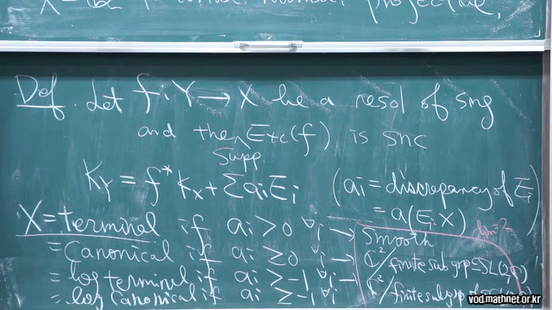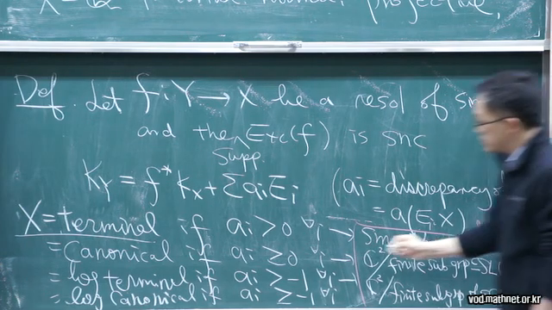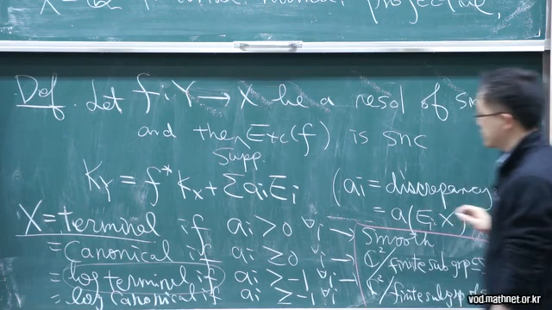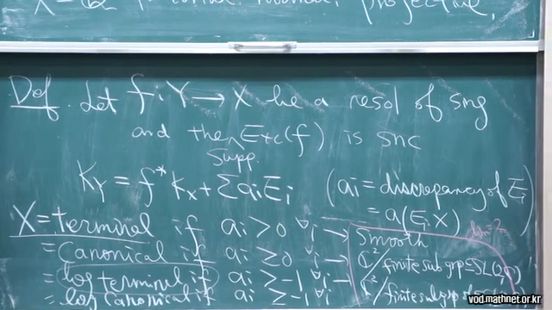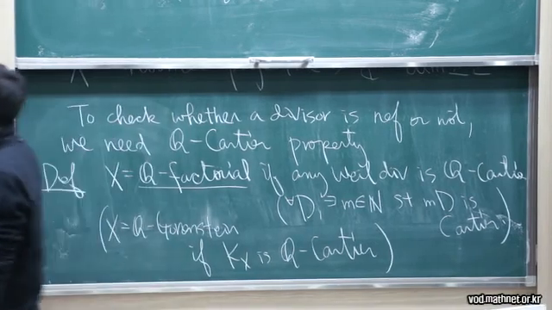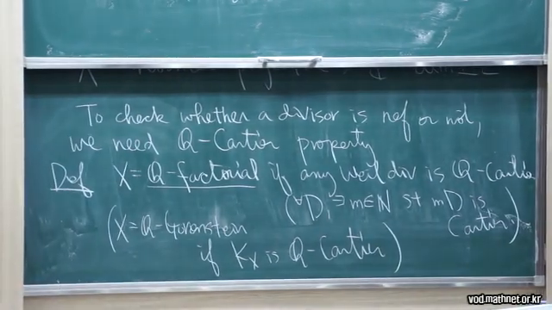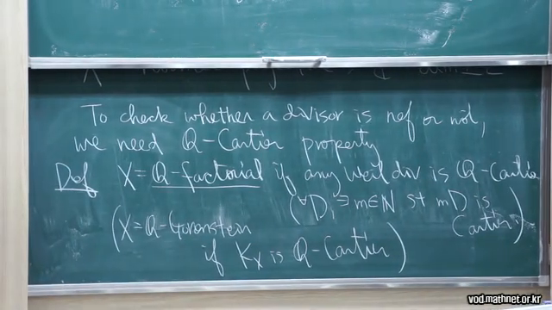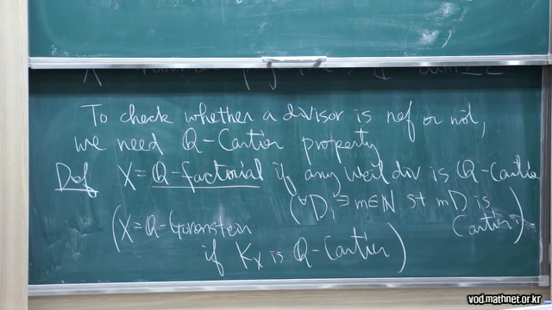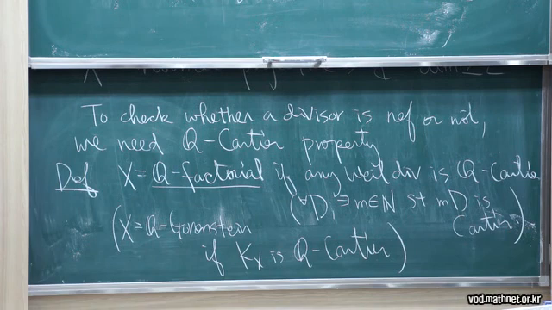So tomorrow, for this case, we will allow log terminal singularities. So we will always assume log terminal singularities. Then all the results, including contraction theorems and all the important results, hold even with these bad singularities.